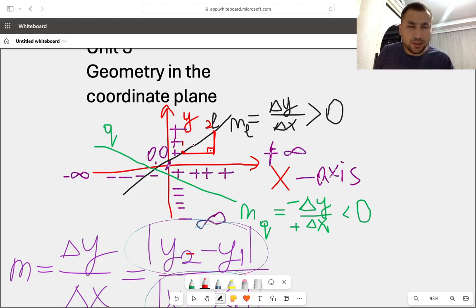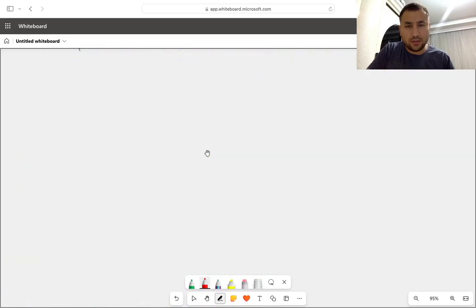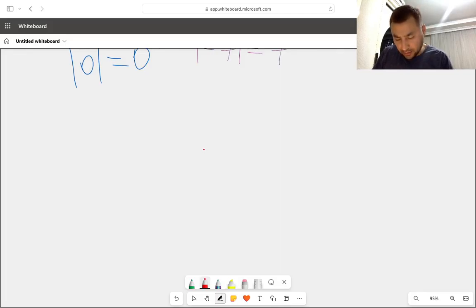So there is an example. Let's do that. Let me go down here. The example says a line passes through the points.